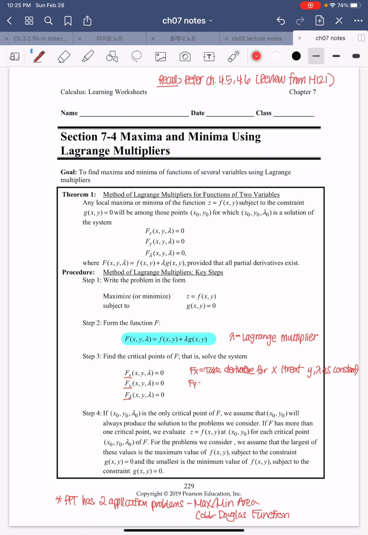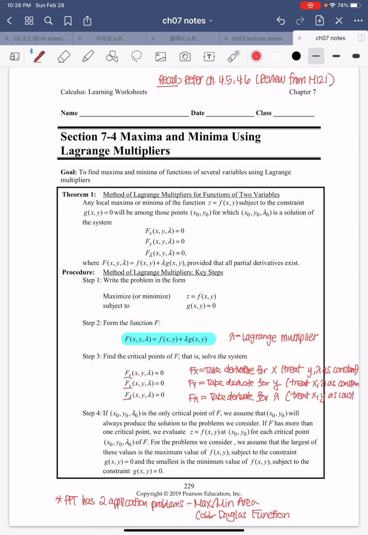F of y means take the derivative in terms of y and treat the remaining x and lambda as constants. And f of lambda means take the derivative in terms of lambda and treat the other two variables x and y as constants.